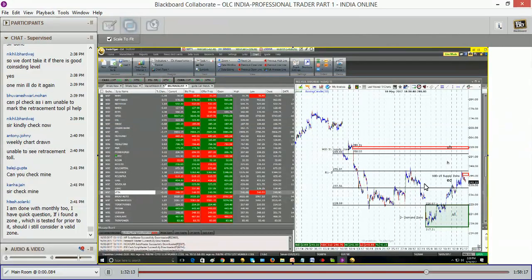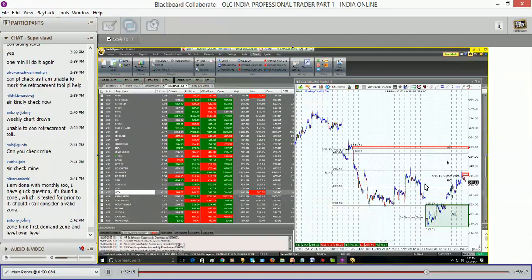Which location does this zone of yours come in? Balaji is my question. Which location does this come in, this zone that you have marked?